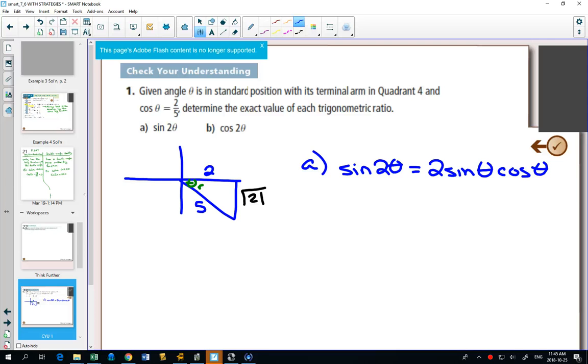Do I know what sine of theta is? Do I know what cos of theta is? What I mean by not being able to use them fast enough is sometimes in a proof, something like 2 sine theta cos theta appears. And if you don't have that in your mind that that's equal to a sine 2 theta, you might miss that at that moment.